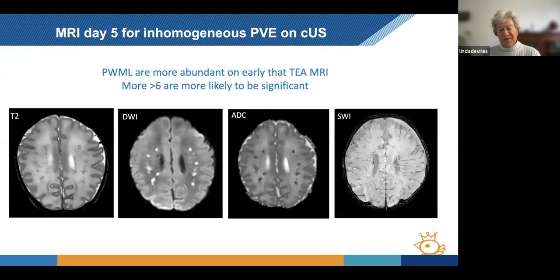So these punctate lesions, here we see them very clearly, many of them in the white matter, widespread on the diffusion, on the ADC map, and not on the susceptibility weighted images. So these are not hemorrhages, what people sometimes say, because they are low signal on the T2 sequence. But more than 6 are likely to be significant.